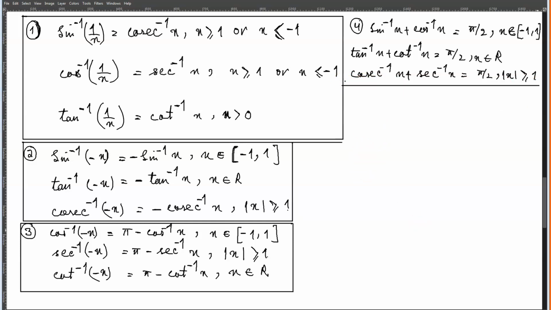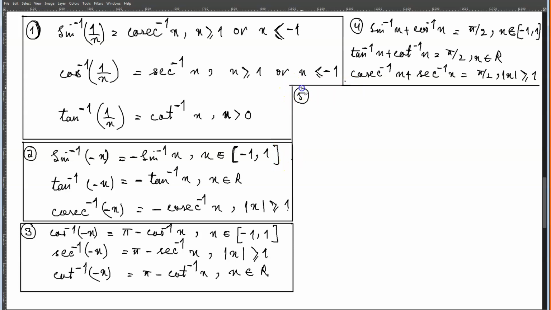Now for number 5, let me actually do this over here because we have this space, so let's use it.